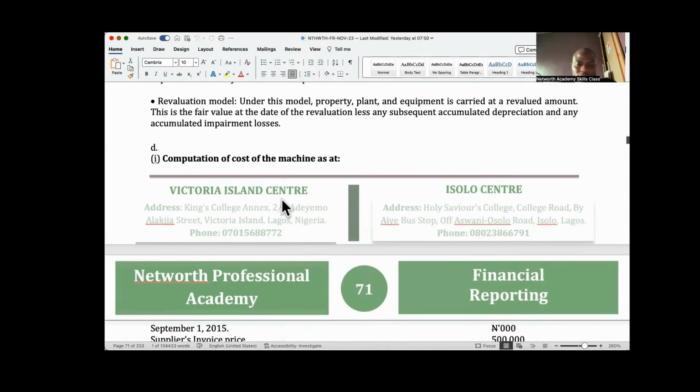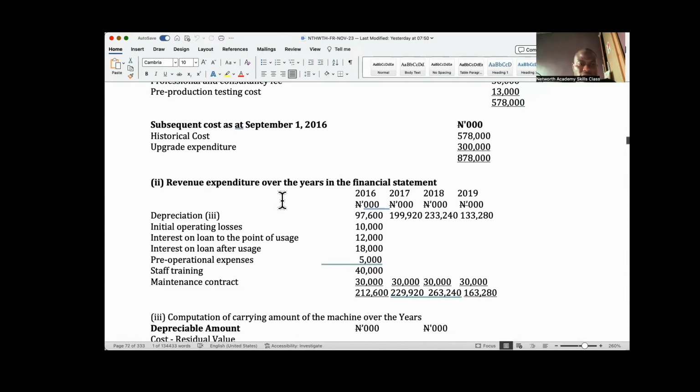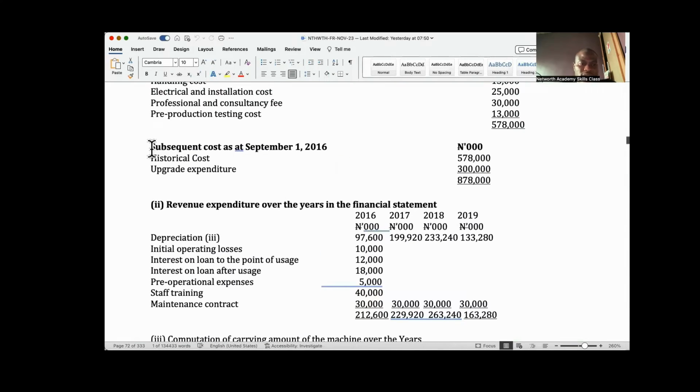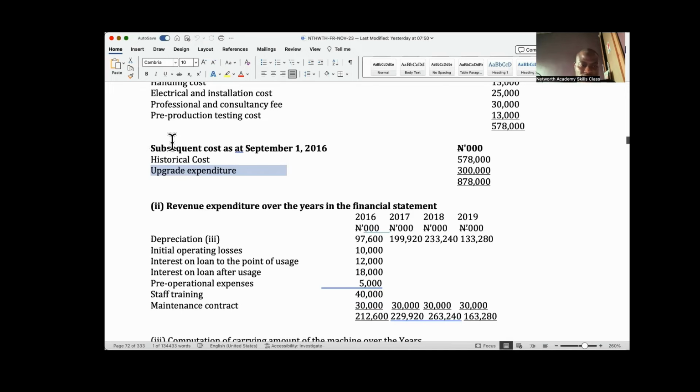So that means our depreciable amount will change. First, that upgrade is a subsequent cost, and subsequent cost will simply increase the cost of the asset. So it has increased our cost. So in my cost account or my asset account, the cost will now be 878 million.